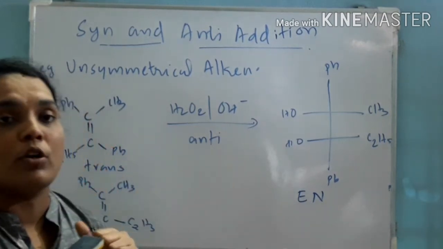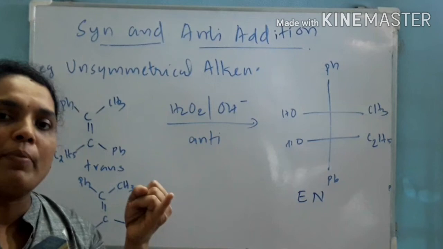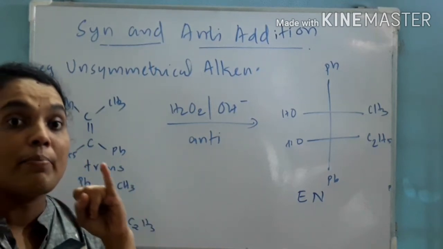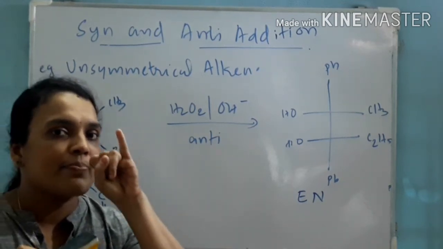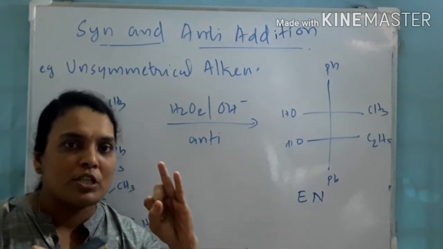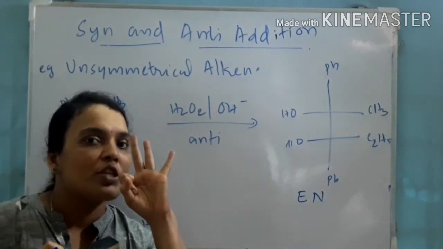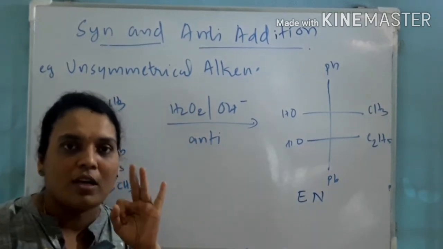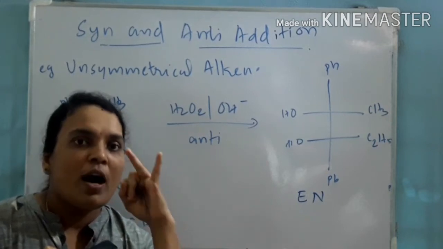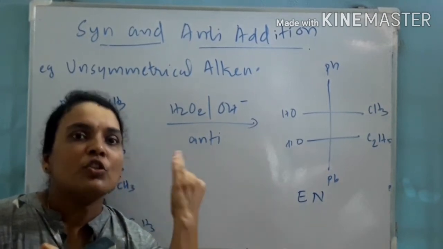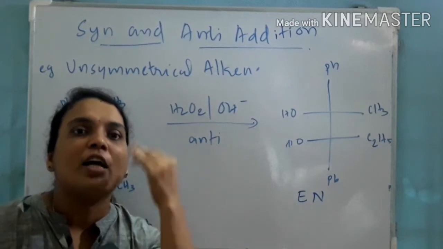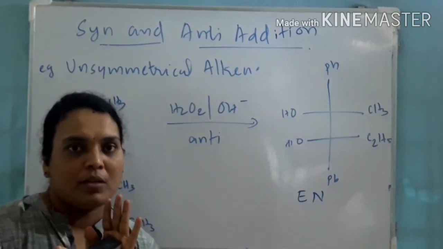The product is important, but remember in the case of symmetrical alkene, cis positive, syn positive, so the product is also positive, that is meso compound. Cis positive, anti negative, so the product is positive negative, that is an enantiomer.